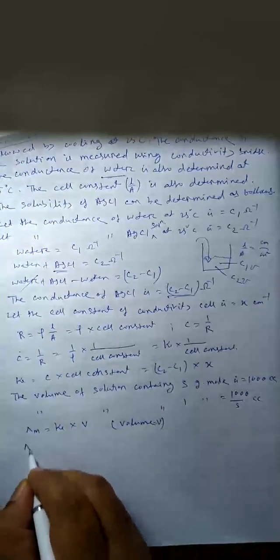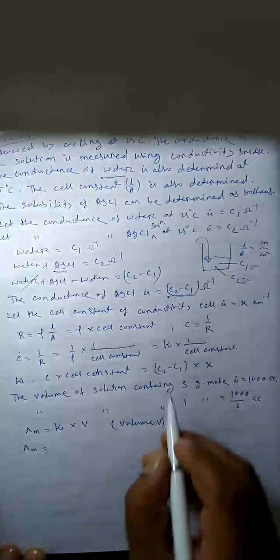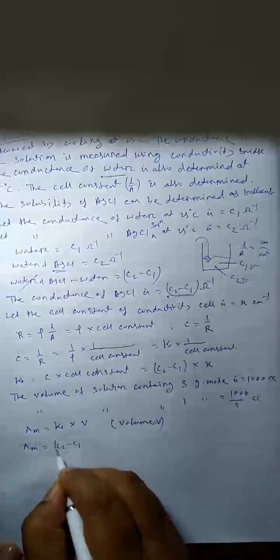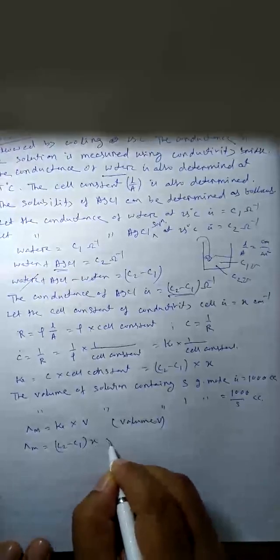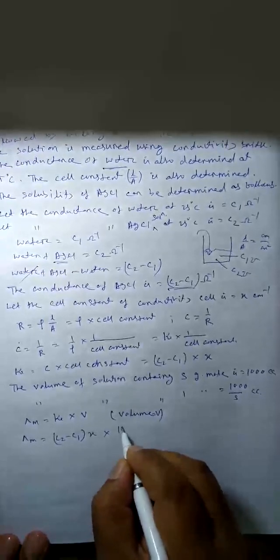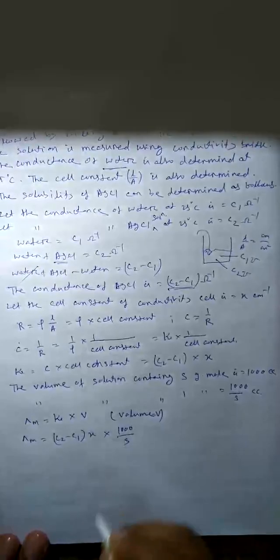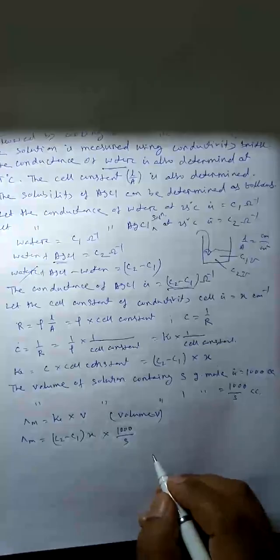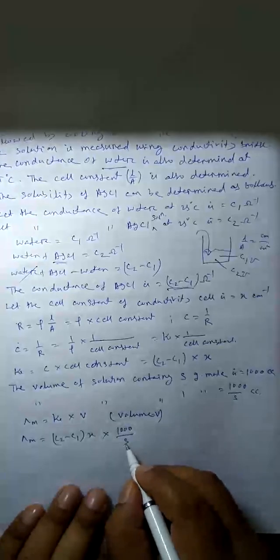Then lambda m equals kappa, which is (C2 minus C1) into x, into the volume 1000 by S. Then S is the solubility.